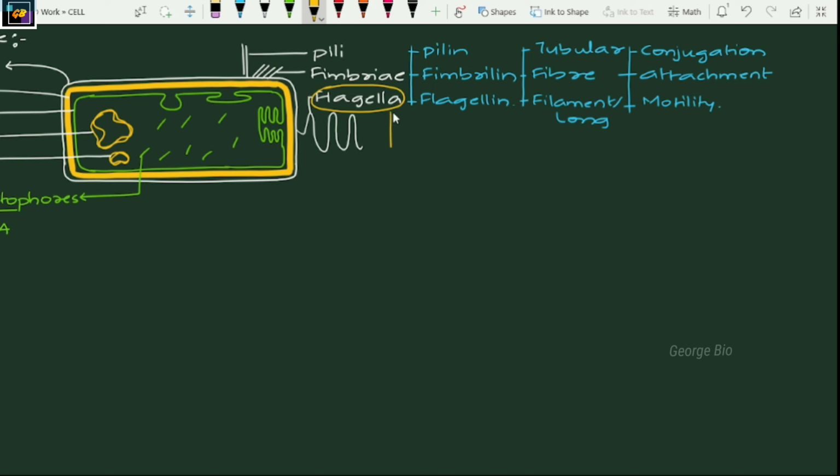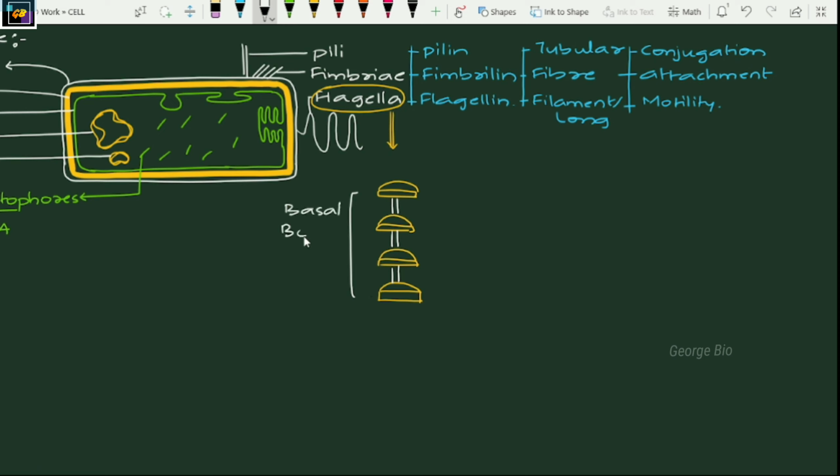Now in all these three things, flagella, a little more detail we have to observe. If we talk about flagella, it consists of three parts basically. It consists of a basal part, which is called the basal body, and this basal body may consist of 2 disc or else 4 disc-like structures.